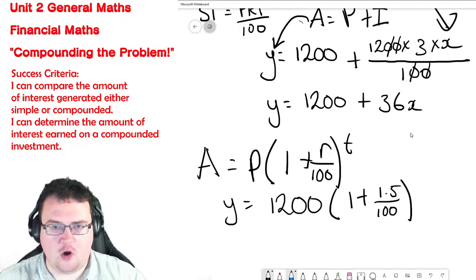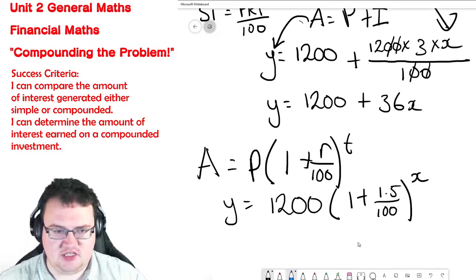And it's to the power of X, because we do not know the years. So the years are going to be different.